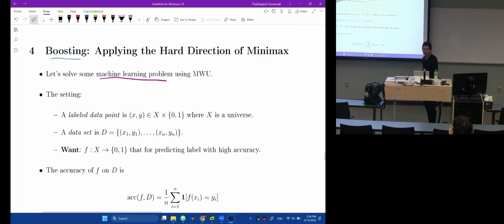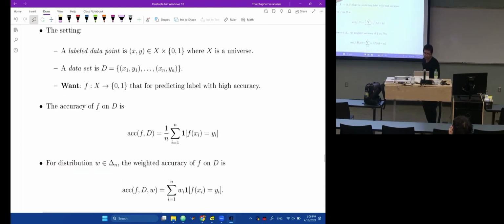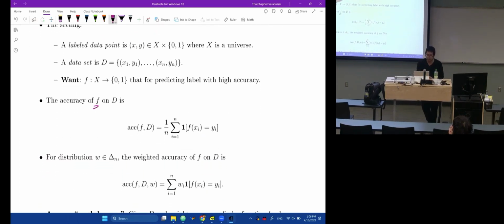With this, you can define the accuracy of a function with respect to this data set. This just counts how many pictures you predict correctly and then averages. So it's just the fraction of how much you are correct within this data set D, given the function f.